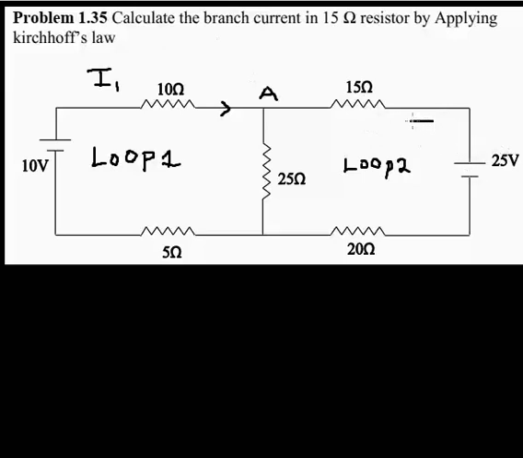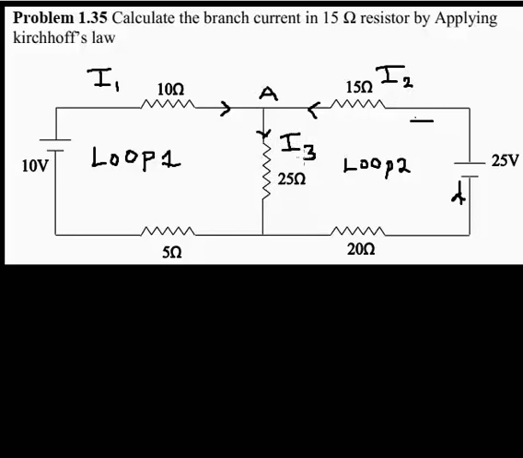It will still be flowing, of course, we know that current moves from negative to positive, so it will still be flowing into node A. Let me call the current from loop 2 I2. As they reach node A, they will now branch and enter into the 25 ohm resistor, and let me call that current I3.